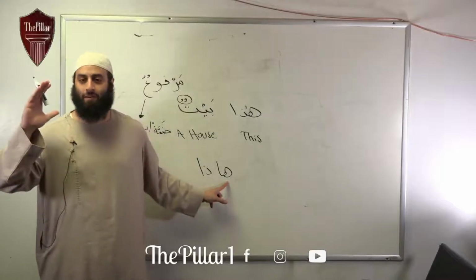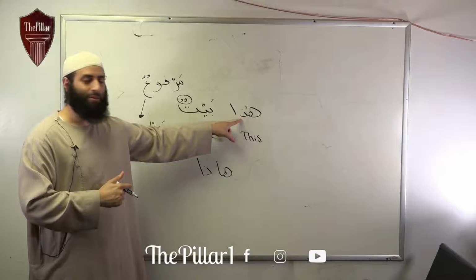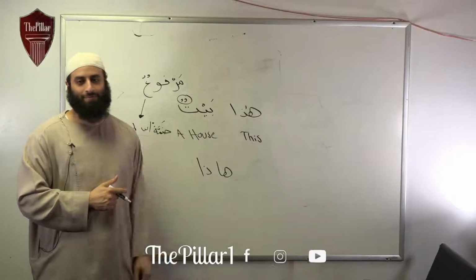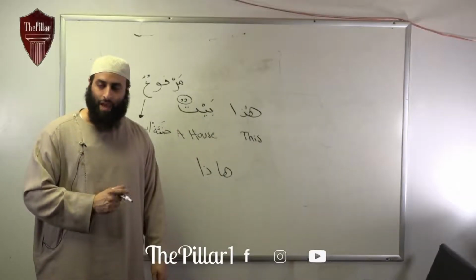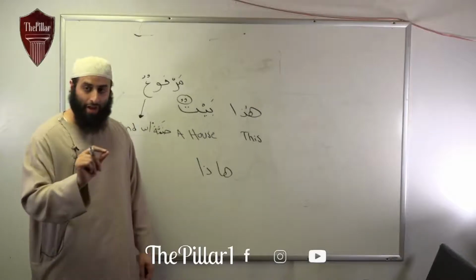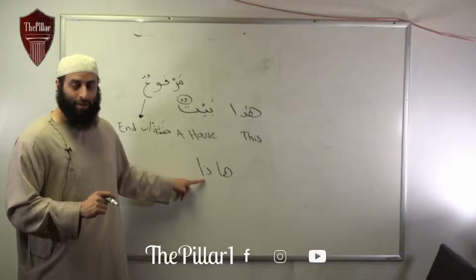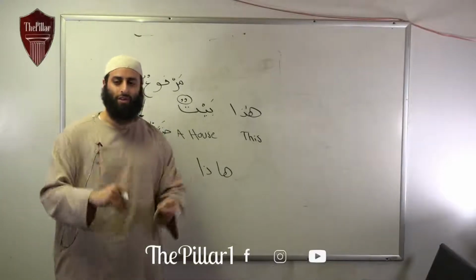It's like saying, hey. That's what ha is for. Now we get to the second part. Tha. This is this. Tha is this. And when we get to dhalika, you're going to see also tha. It's got this there. But then there's other letters added, and we learn when we add those letters together what it does.